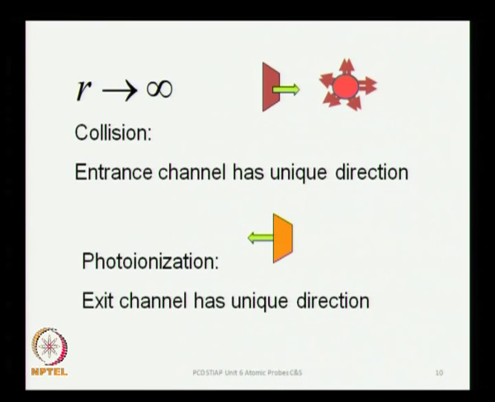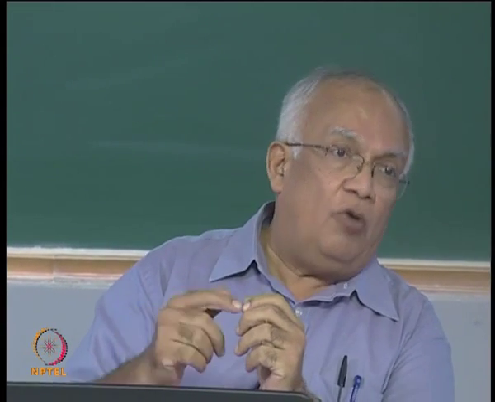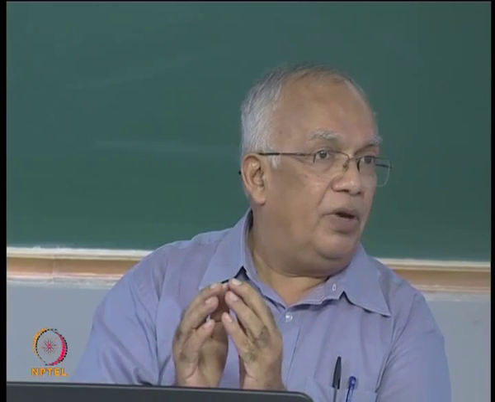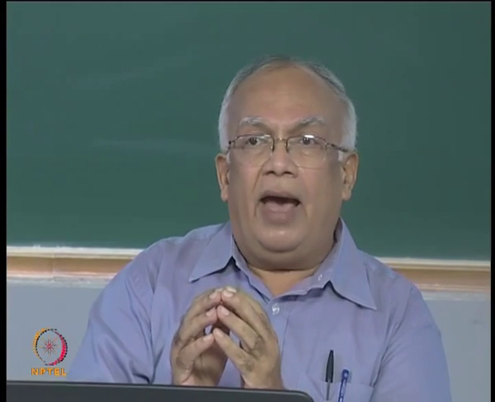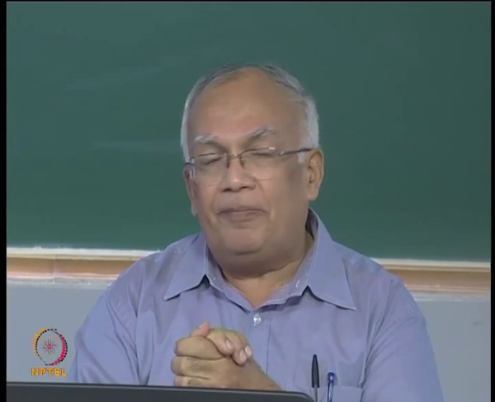Whereas in photoionization, what do we have? We have got an atom, and this atom has absorbed light, and then an electron is knocked out into the continuum, and a detector would detect it. So where have you kept the detector?